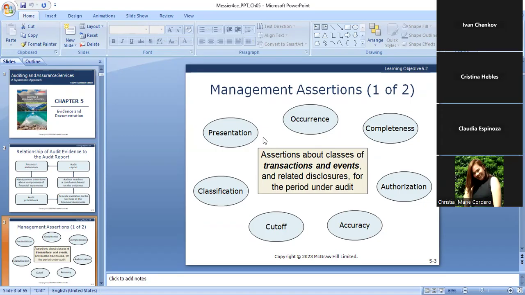Now remember, I want you to know what occurrence means, what presentation means, what classification means, what cutoff means, what accuracy is, what authorization is, what completeness is on the transactions and events. So for that reason, if you remember, we have to go all the way back to chapter 1.